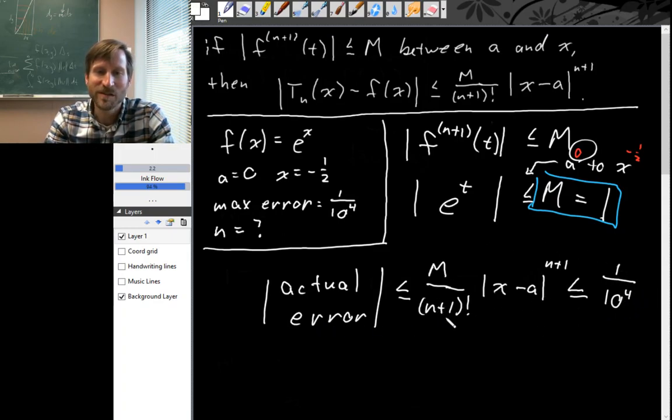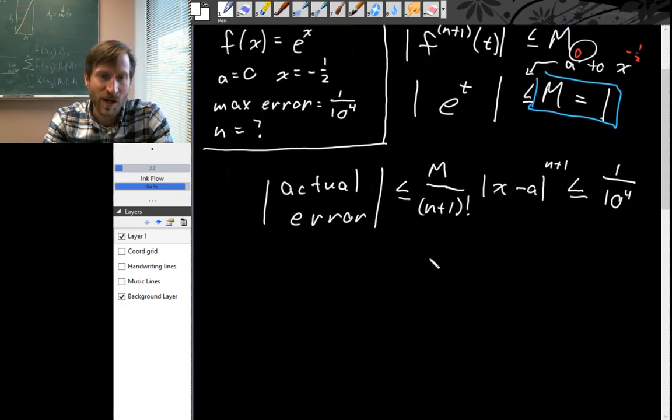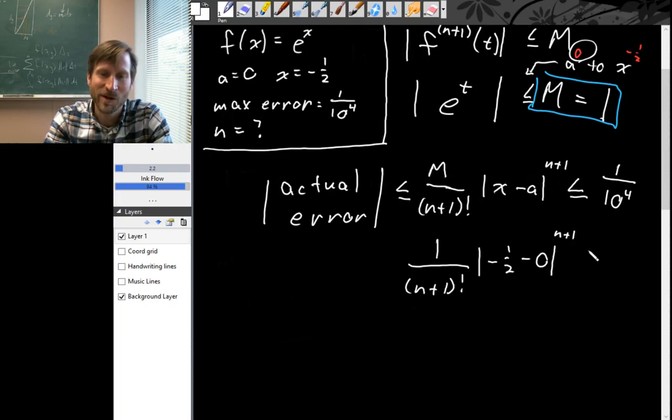So all we need to do is put everything we know into this inequality and then solve for the unknown, which is the order n. So let's put everything in here. We already calculated M. M is 1. The order n we don't know, so n plus 1 factorial. X we said was minus a half. A was 0. The order n we don't know, so n plus 1, less than or equal to 1 over 10 to the 4th.